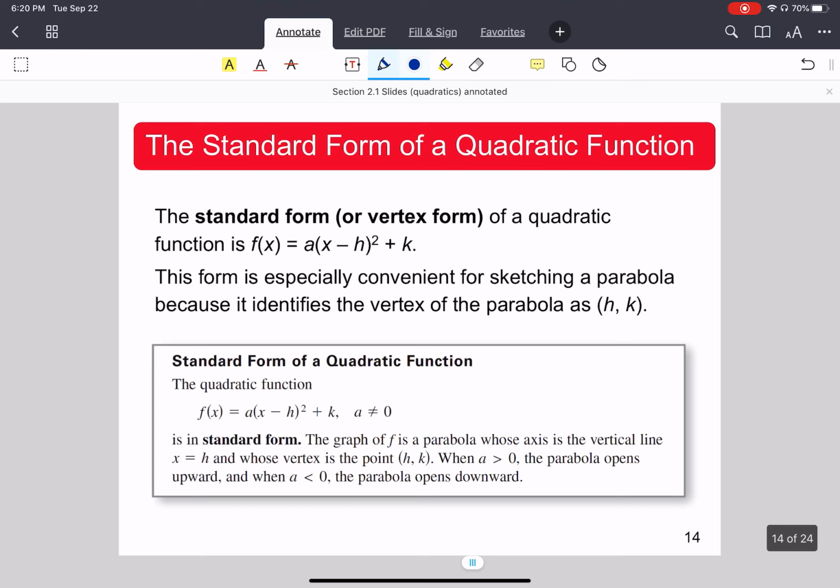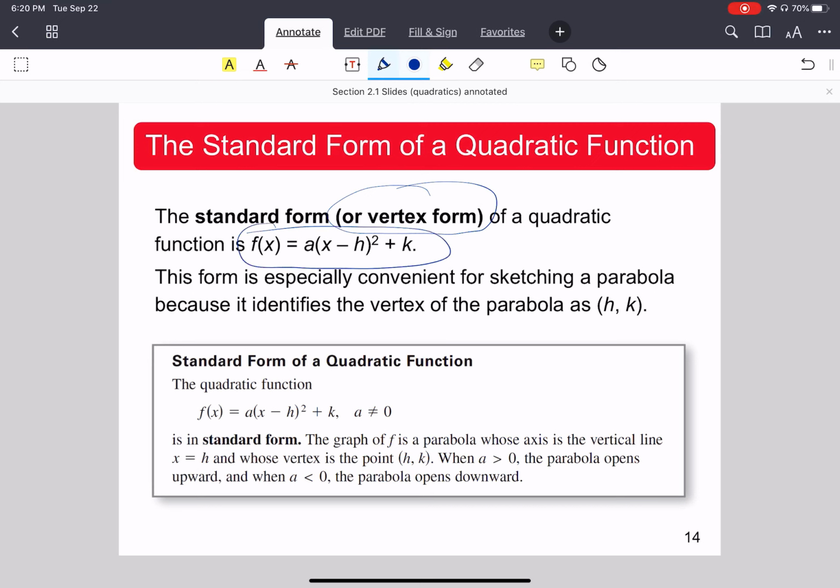So now we're going to take a look at what we call the standard form of a quadratic function. The standard form, in some books or other resources, is called the vertex form because it explicitly tells you what the vertex is. So that function looks like f of x equals a times x minus h squared plus k.